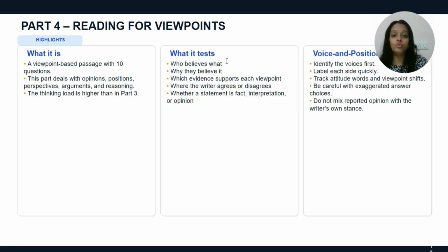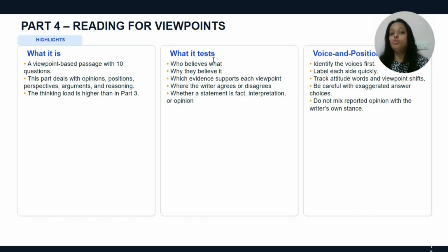Okay. Now let's move on to the next part, part 4. Part 4 is all about reading for viewpoints, and it contains 10 questions. This part is different from part 3 in a very important way. Part 3 mostly deals with information, right? But here it deals with opinions, positions, perspectives, arguments, and reasoning.